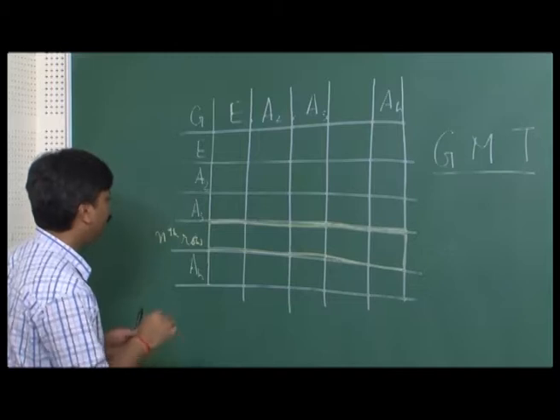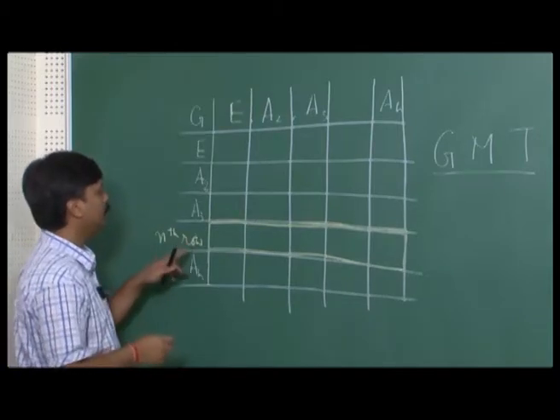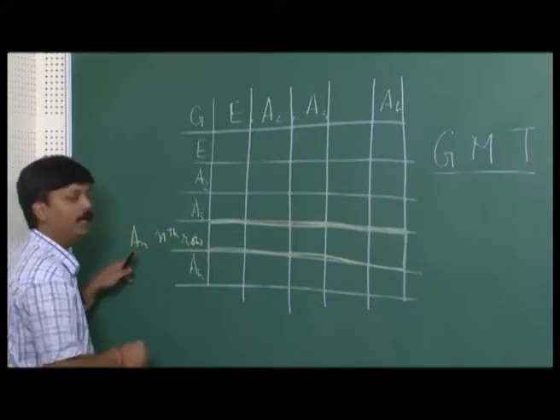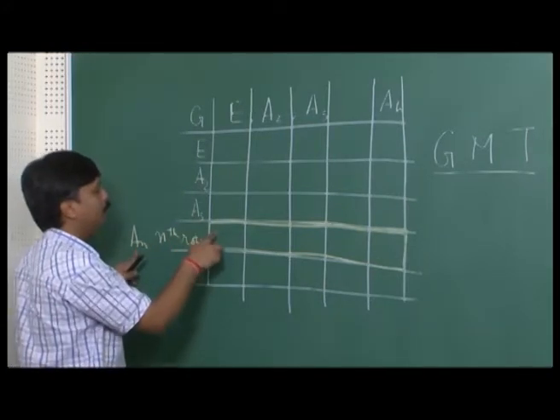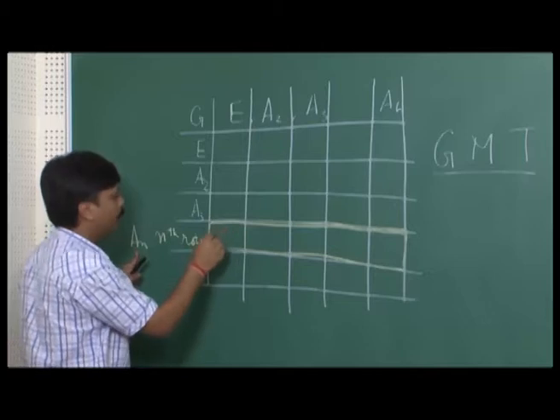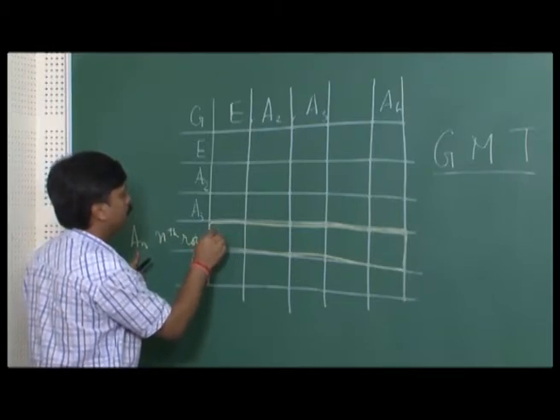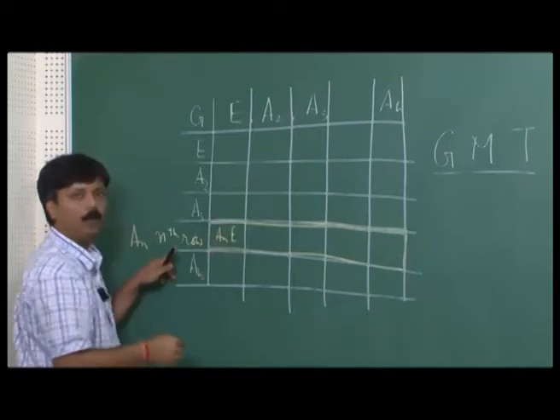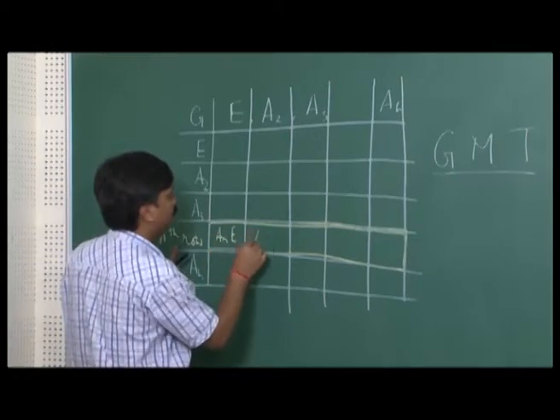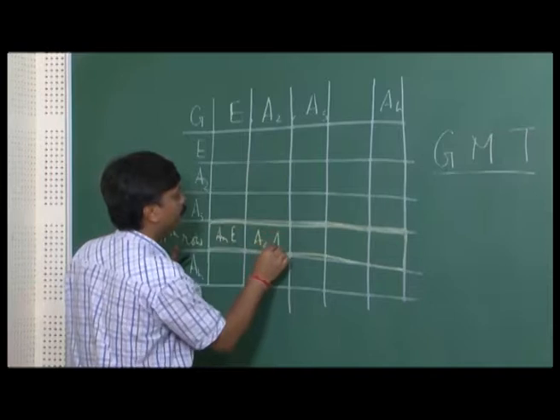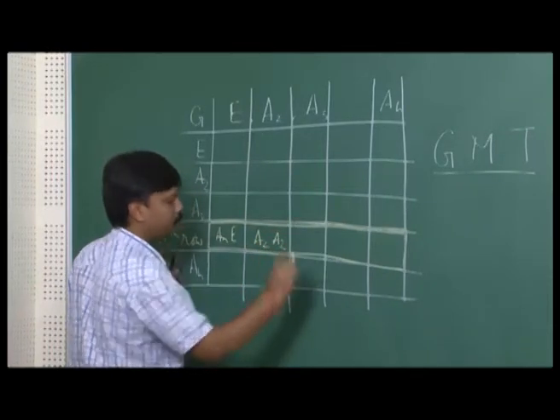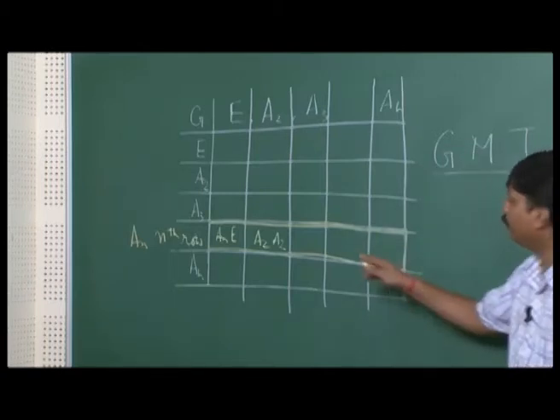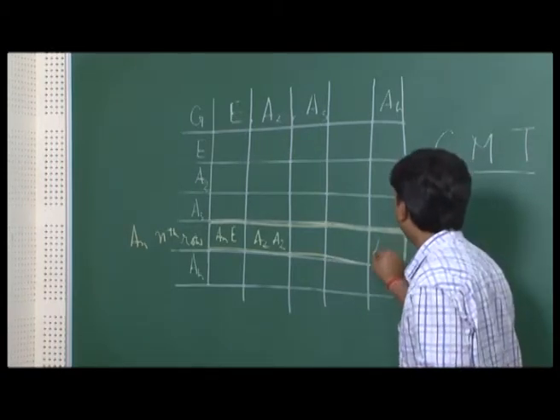So now how will the multiplications be? Here I will have AN as the element. So it will have ANE. I will have ANE, then ANA2, and so on, up to say ANAH.